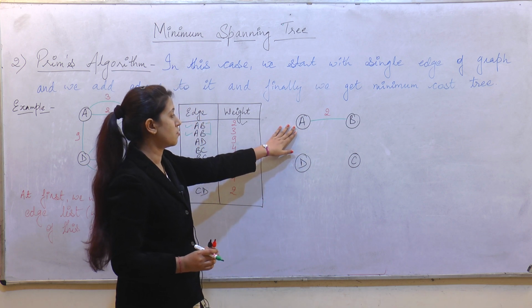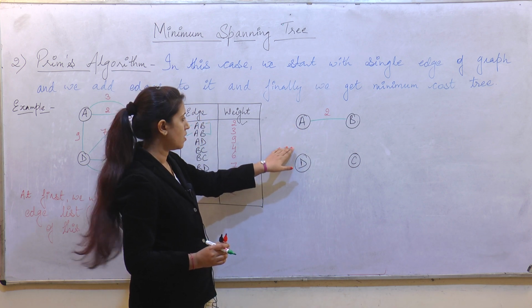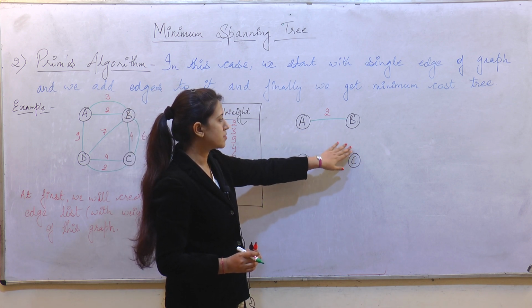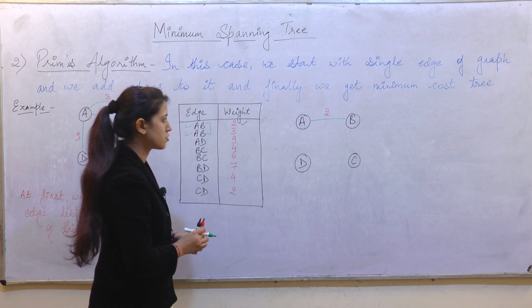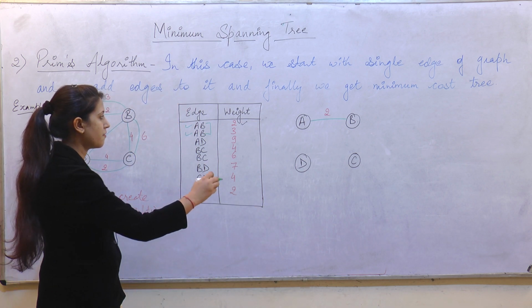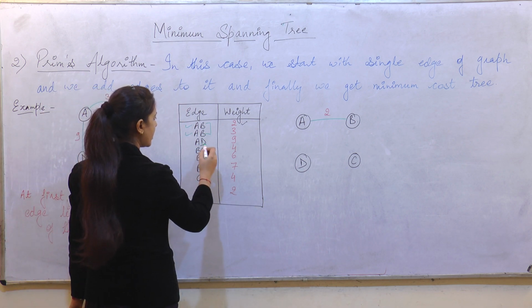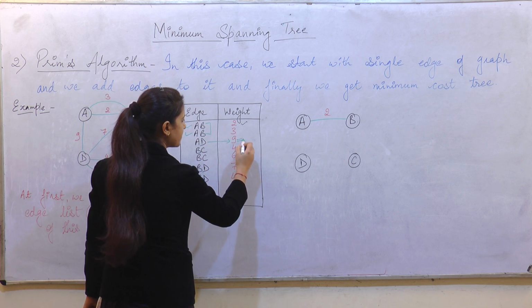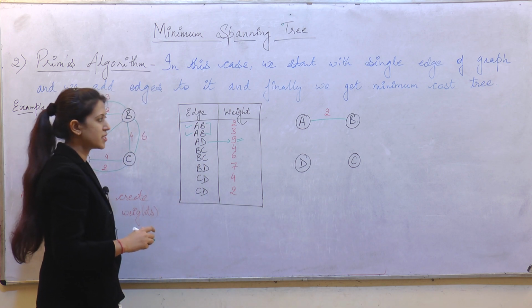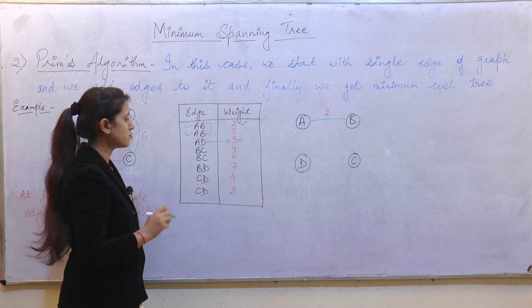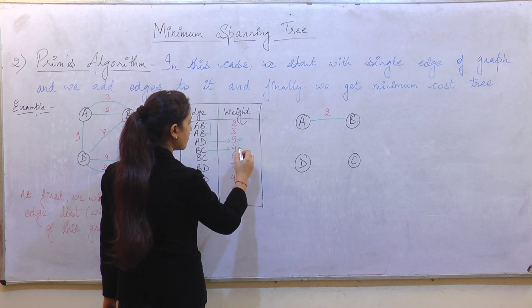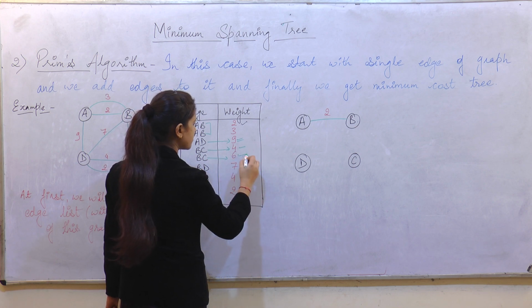Either we connect node A to D, or we can connect node B to C or B to D. So let's see all the options. For connecting node A to D, the edge gives us weight 9. The second option is for connecting nodes B to C. B to C gives us weights 4 and 6 respectively.